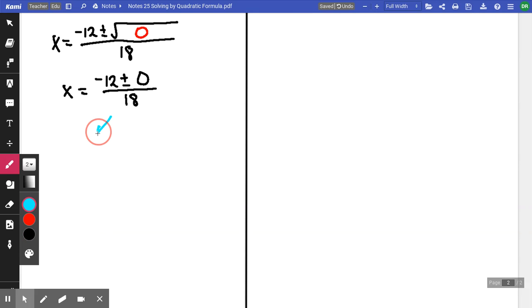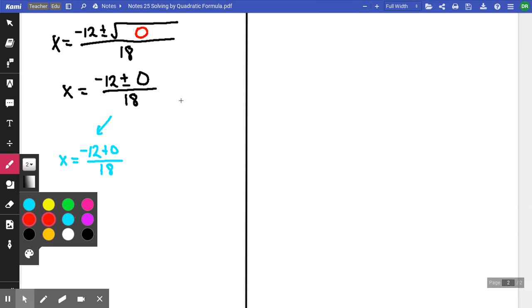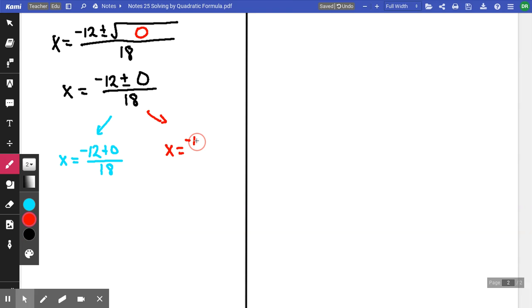Or maybe you realize that plus or minus means to add in one case and subtract in the other. So if we take that approach where we add in one setup and we subtract in the other, we'll end up finding our two solutions.